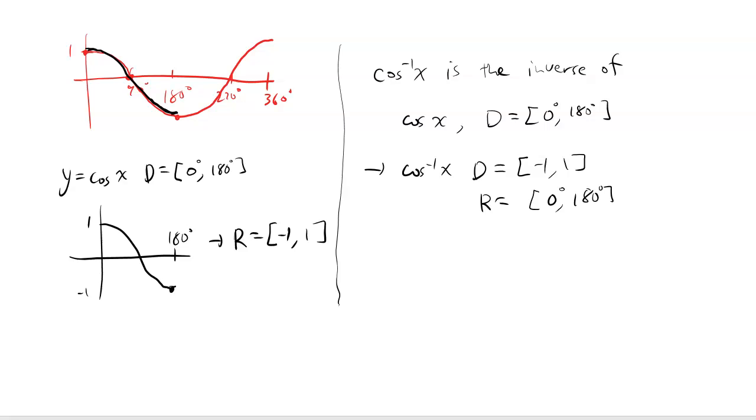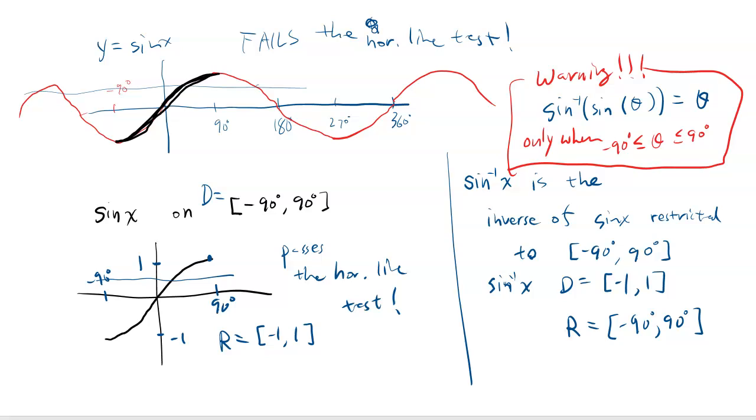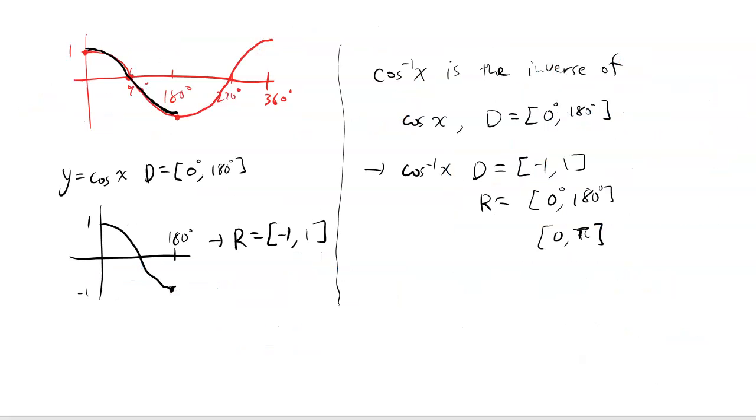Now note that in radians this is 0 and pi. Pi is 180 degrees, right? Yeah, I forgot to say that in the previous one. In radians, this angle would be from negative pi over 2 to pi over 2. So that's the one for the sine. Please note that. And for the cosine inverse, the range would be between 0 to pi or 0 to 180 degrees. Okay.